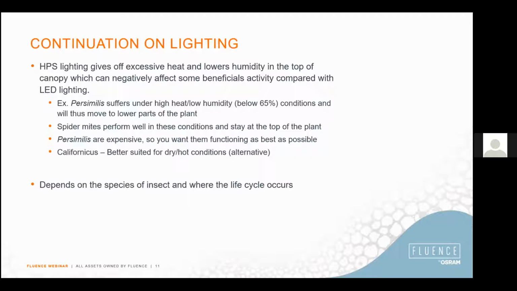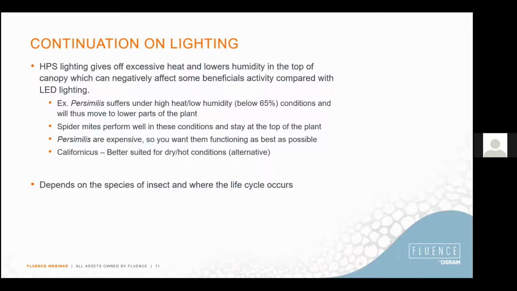So they'll stay at the top of the plant where it's high heat, low humidity, whereas the Persimilis will move lower into the canopy to find a more ideal environment. So unfortunately, even though you're treating with Persimilis, it's not being effective because they're not actually interacting with each other, because of that light source affecting your environmentals.